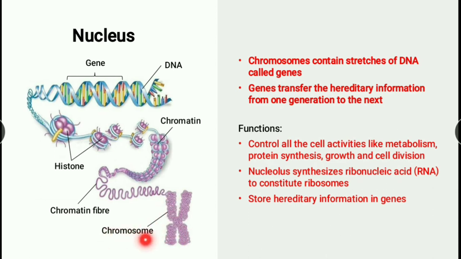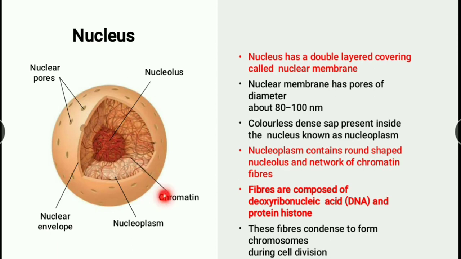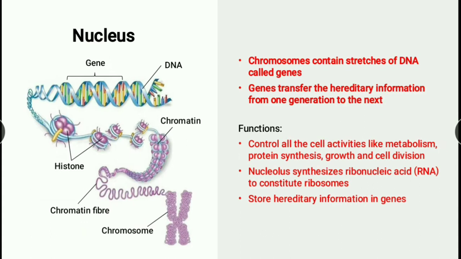This is a chromosome. And you can see that these chromosomes are formed by something thread-like. Like a woolen cloth, when I open this, you can see the thread-like structure, isn't it? That is called chromatin fibers. That is what we are seeing, chromatin. This chromatin thread-like structure will become like this.